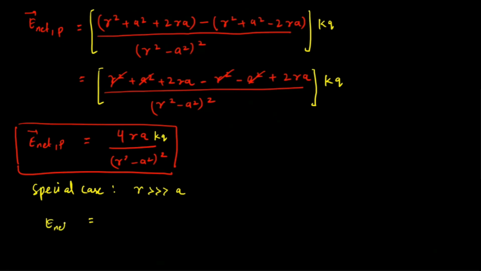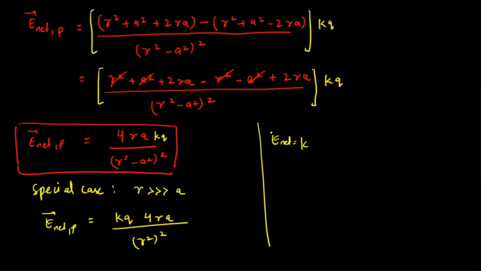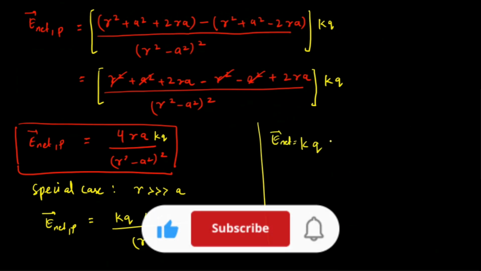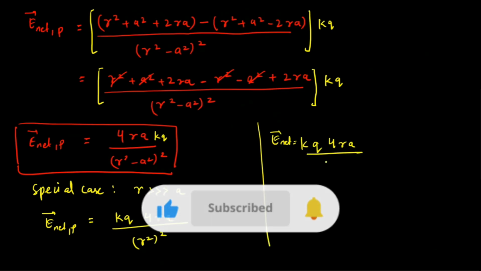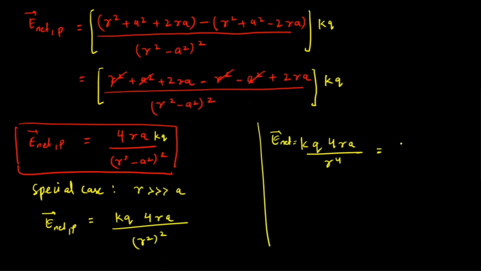So E net at point P is going to be KQ 4RA over R square whole square. If we solve it, we get E net equals KQ 4RA over R to the power 4. Solving further, we get KQ 4A over R cube.